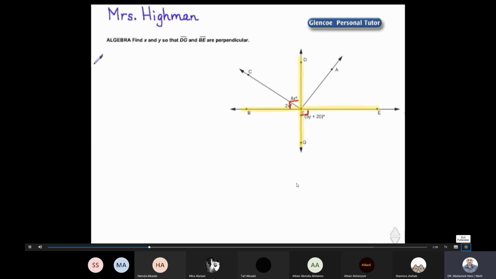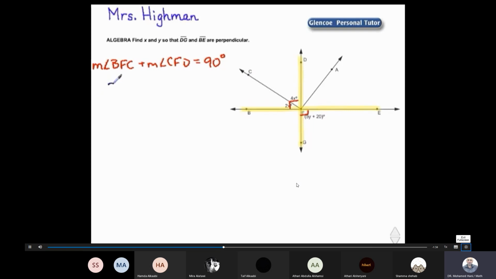So that means that the measure of angle BFC plus the measure of angle CFD has to equal 90 degrees. Okay, so now let's use what we know. BFC, that angle, is 2x degrees.